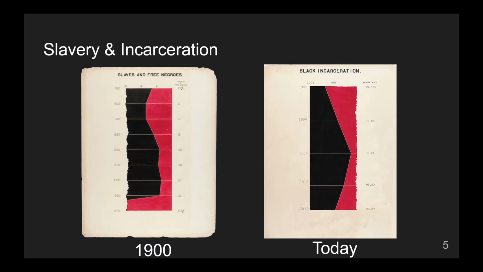In our modern equivalent, we look at incarceration data as our current topic of abolition movements, as well as the modern equivalent to slavery. Our chart spans from 1980 to 2018. We can use our dashed line here for reference to show us the 99% freedom mark. In this case, our red area represents freedom, while our black area represents incarceration.